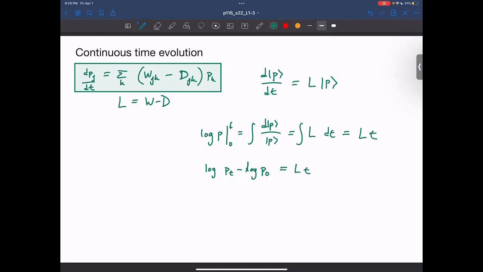Take the exponential of both sides, we end up with e to the LT times log P(T). Remembering our properties of exponentials, these things cancel with the log. We're also able to multiply through such that we get P(T) equal to e to the LT times P(0). This is our continuous time evolution.